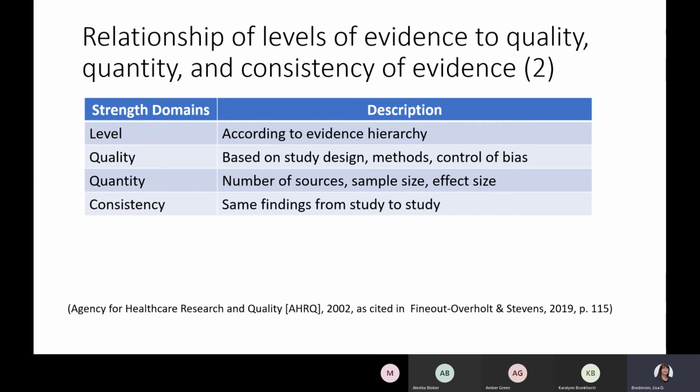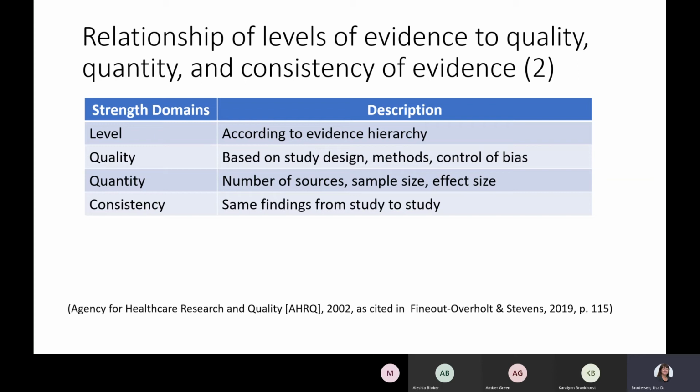The level is determined by looking at an evidence hierarchy, and we'll look at one of those in a little bit. And you know that there are different evidence hierarchies depending on the type of PICO question that you ask. So different types of evidence can have a different level depending on the type of PICO question that's being posed.